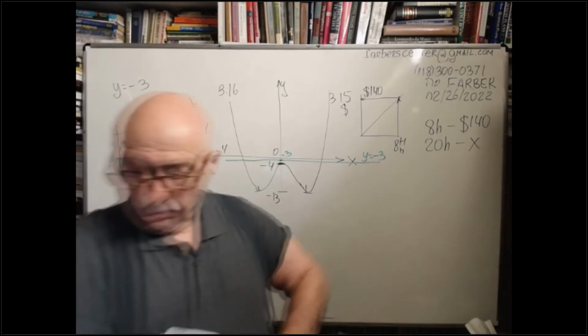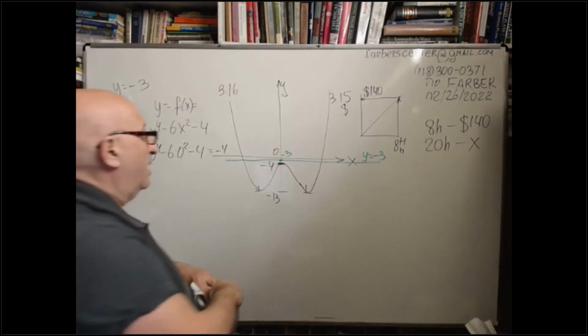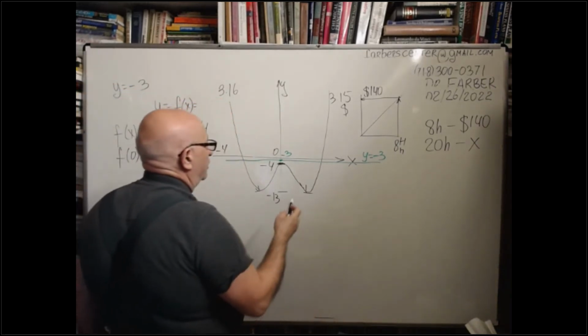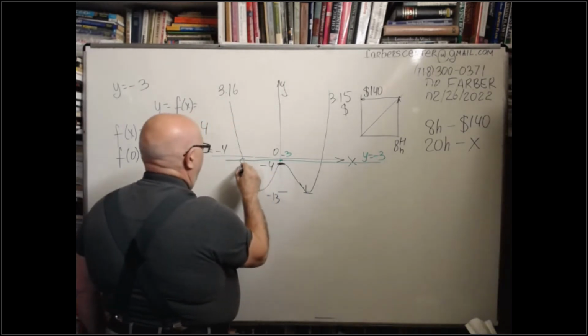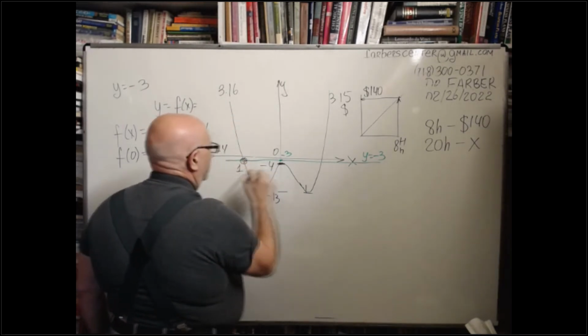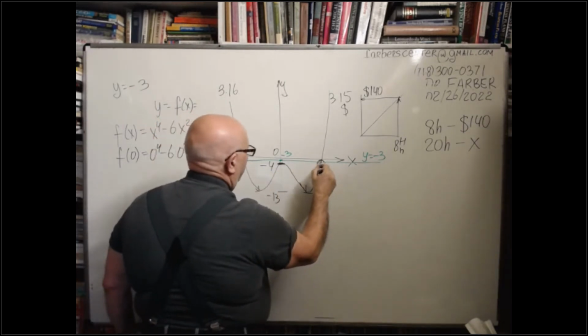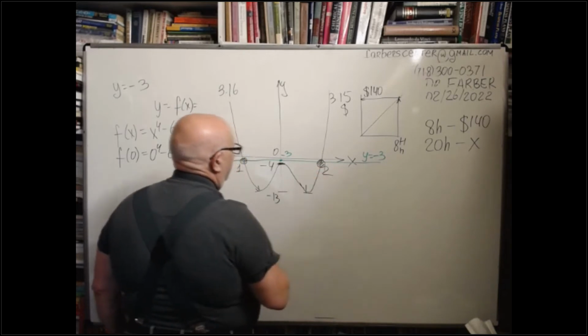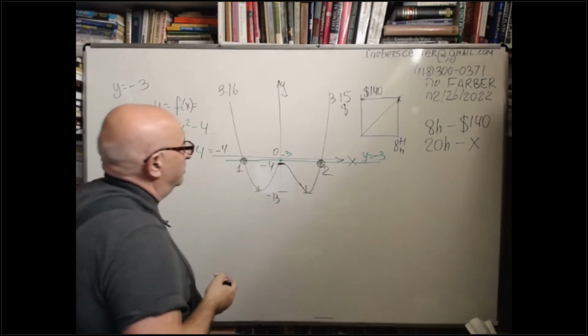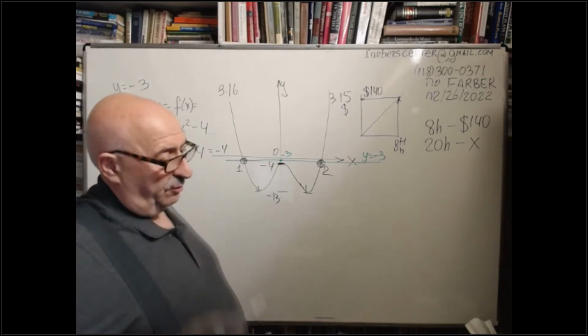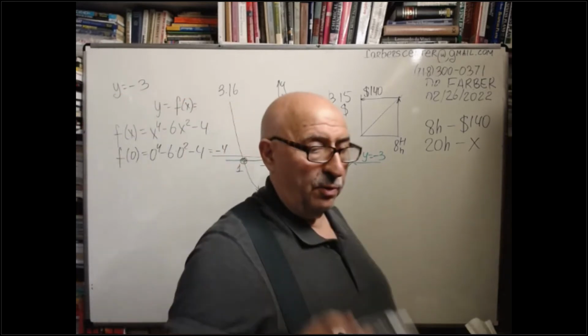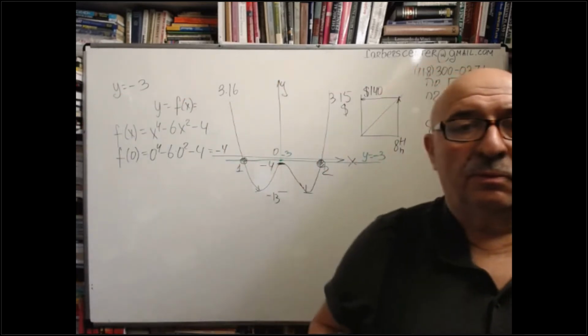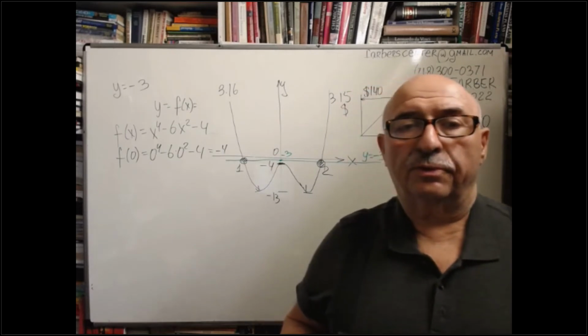Now, actually they ask you how many solutions they have in common. They have 1 point and the second point of intersection. So the answer would be 2. If they have 1 point of intersection, 1 solution; 2 points, 2 solutions.